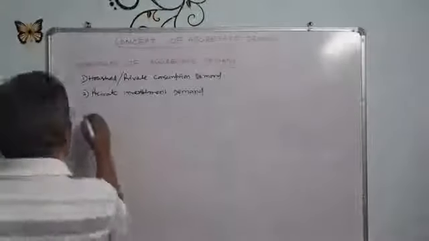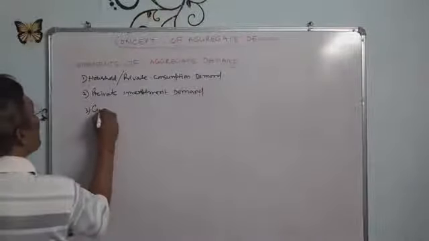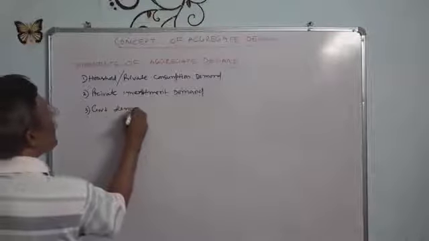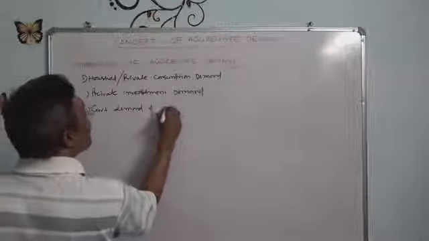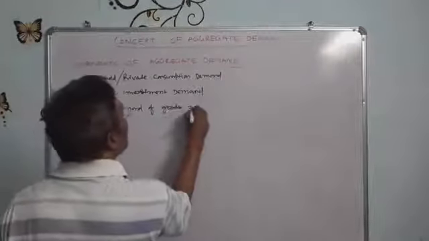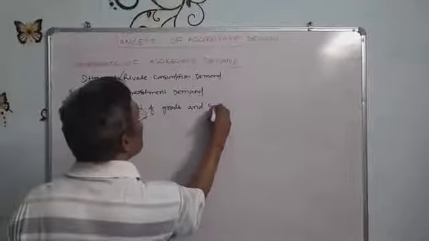Private consumption demand, private investment demand, and government demand. Third one, government demand of goods and services.